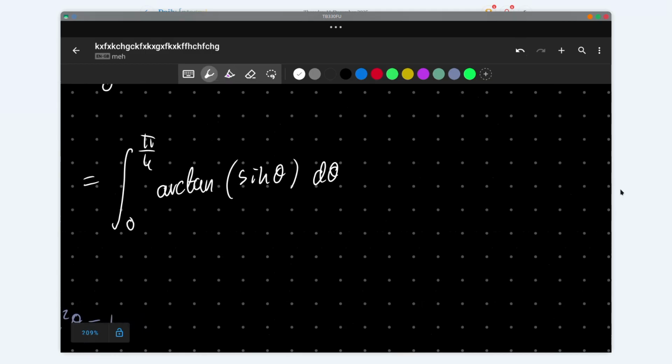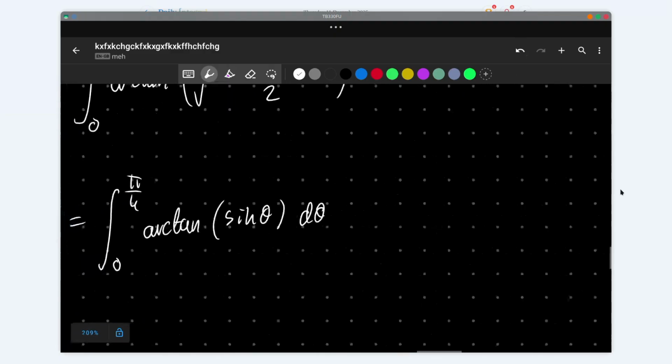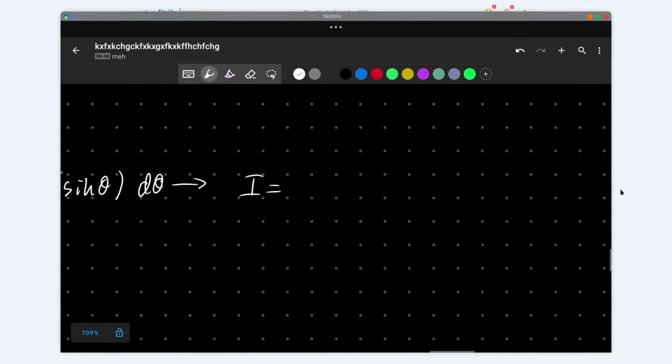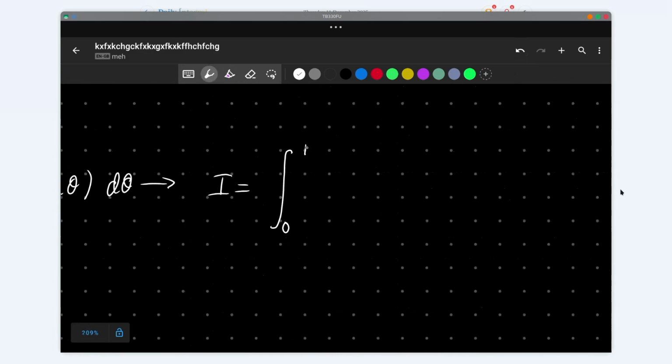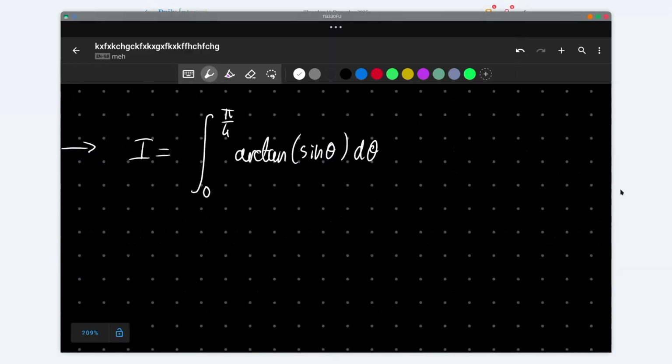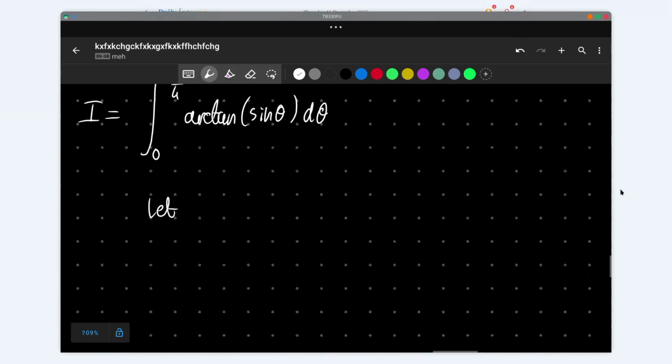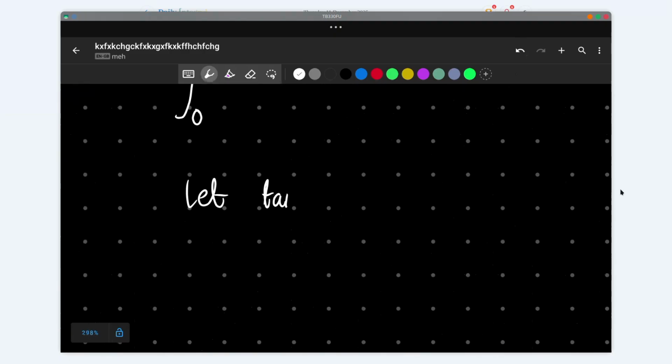What is that? I don't know. Okay, a new problem has arisen. So we have the integral from 0 to pi over 4 of arctan sine theta d theta. How do we integrate this? We have options. We could do a u sub, so we could let tan u equal sine theta.